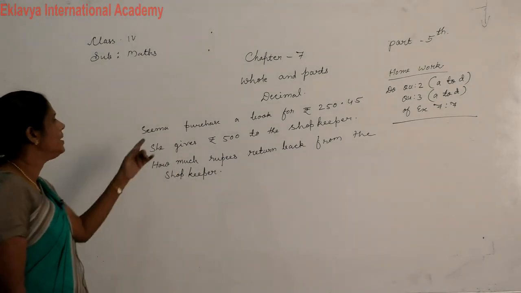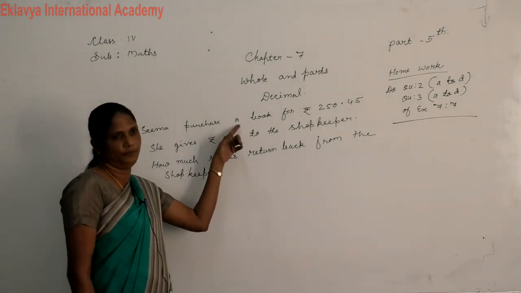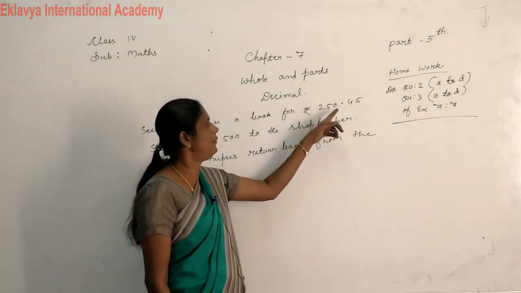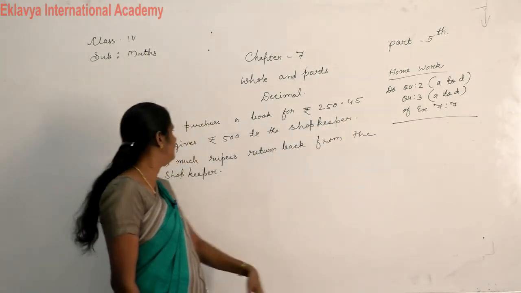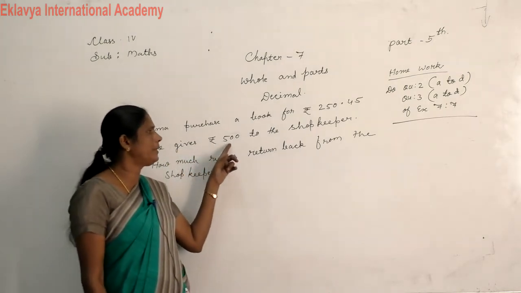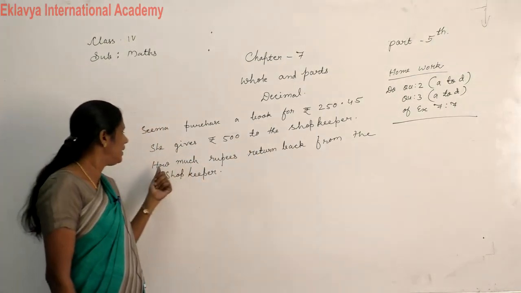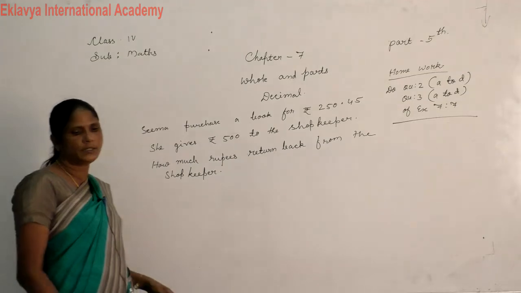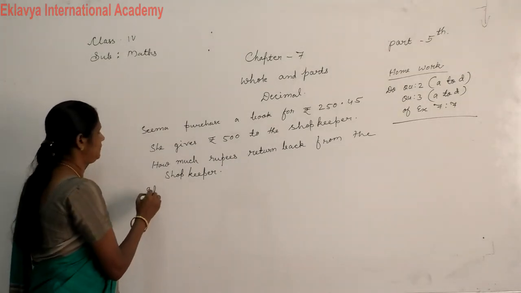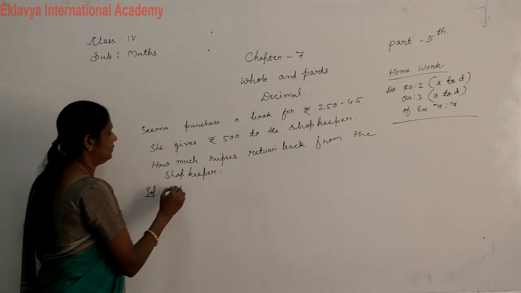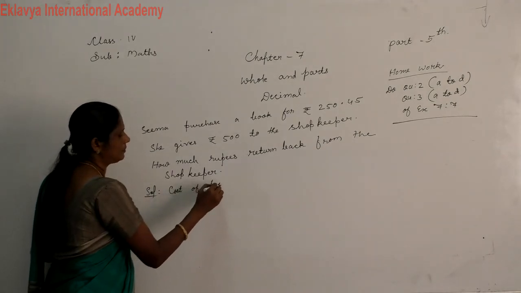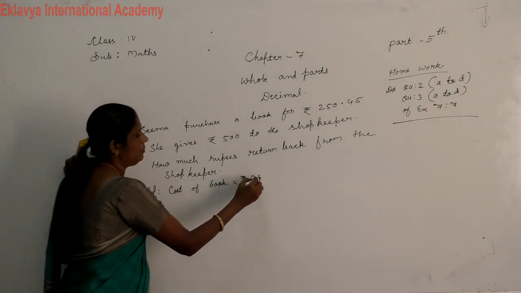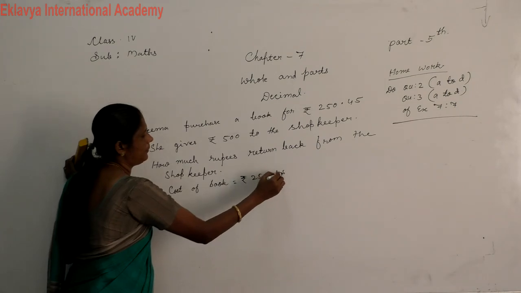Listen. Seema purchased a book for rupees 250.45. She gives rupees 500 to the shopkeeper. Then how many rupees are returned back from the shopkeeper? First, the cost of the book is rupees 250.45.